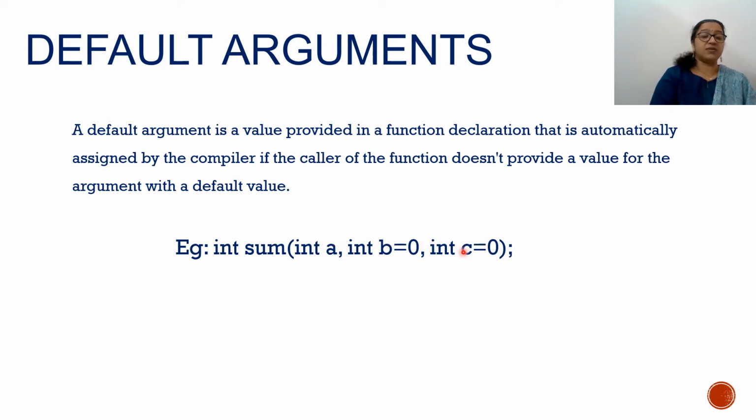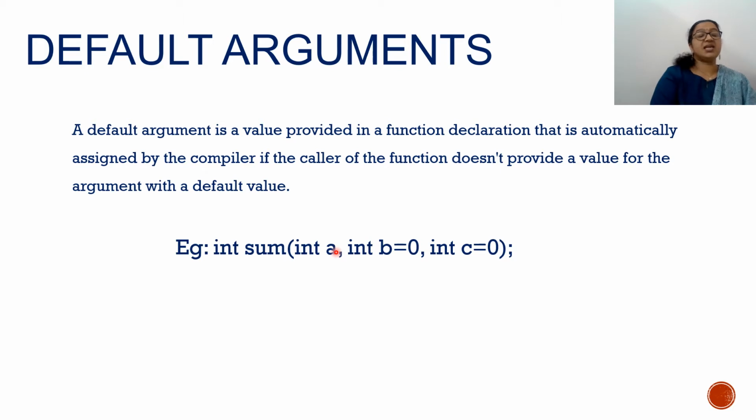So how will it work? Let us see. Normally when there are three arguments in a function declaration, at the calling time we need to pass three arguments, right? Otherwise we'll get an error message. Somehow we want values to be default if the user has not passed them. See the example here.